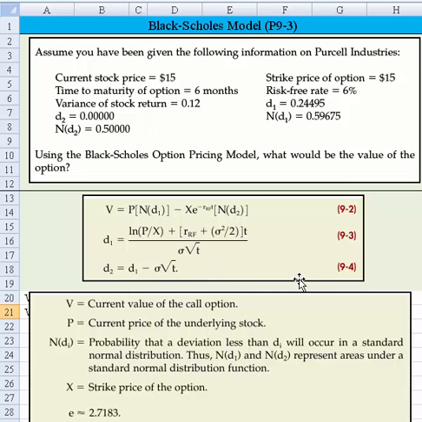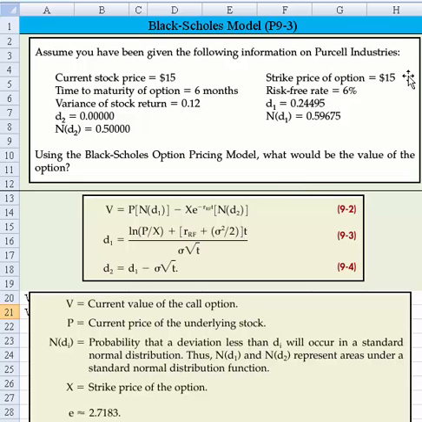But in real terms, N of D1, reading here, is the probability that a deviation less than D1 will occur in a standard normal distribution. Therefore, N of D1 and N of D2 represent areas under a standard normal distribution function. Okay, now we're not going to get too involved in the math, but we are going to use it to work with the Black-Scholes model.